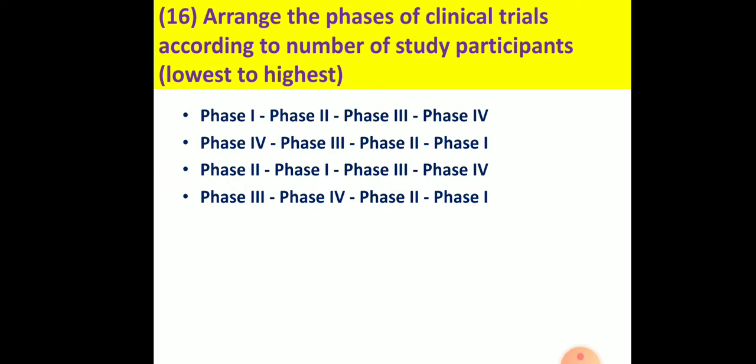Phase 3 has even more patients. You want to establish safety and efficacy, it may be multicentric, so the number of patients is in the thousands, so 4 figure. And phase 4 consists of post marketing studies that are conducted once the drug is approved, so the maximum number of patients is in phase 4. So here you have to write from lowest to highest, so the correct answer is phase 1, then phase 2, then phase 3, then phase 4.